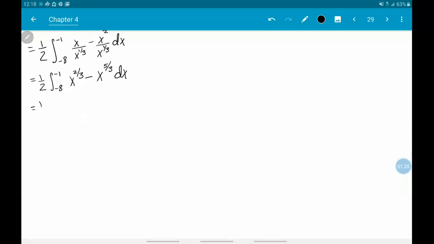So then, when we integrate, we're going to add 1 to the exponent, and then divide by the new exponent. Same thing here. Add 1 to the exponent, divide by the new exponent.